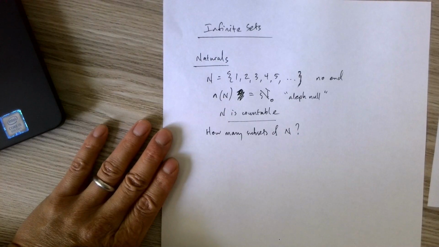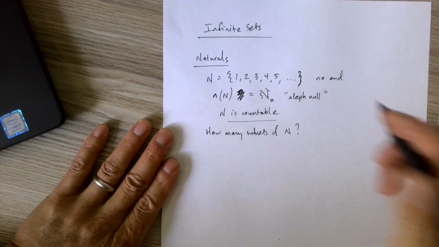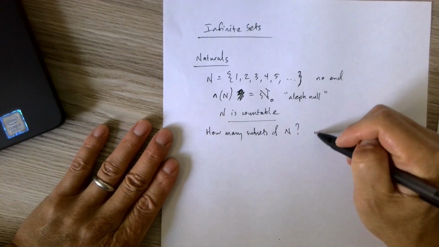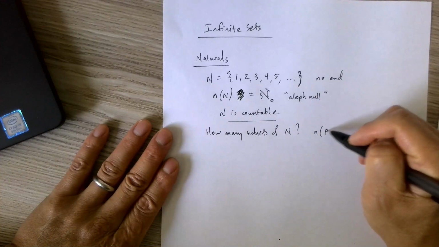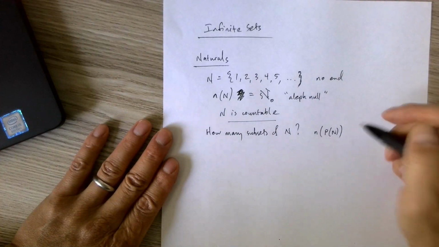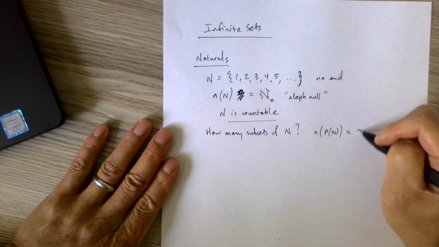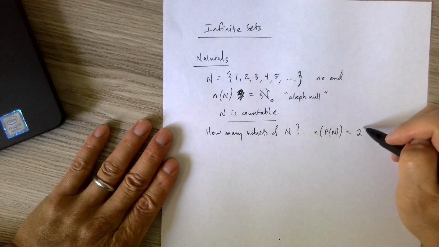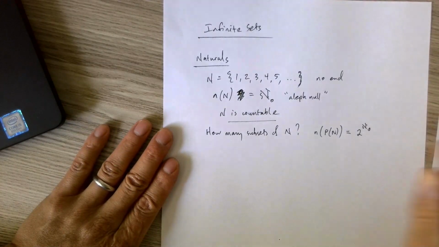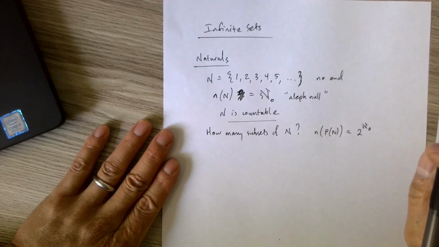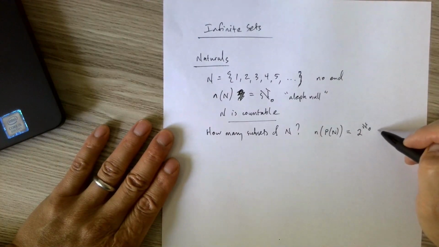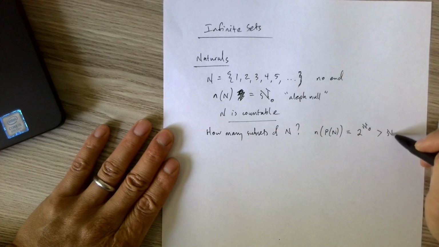Well, you obviously can't list them, but you can say that the cardinality of the power set of N would be 2 to the Aleph null, which is bigger than Aleph null.